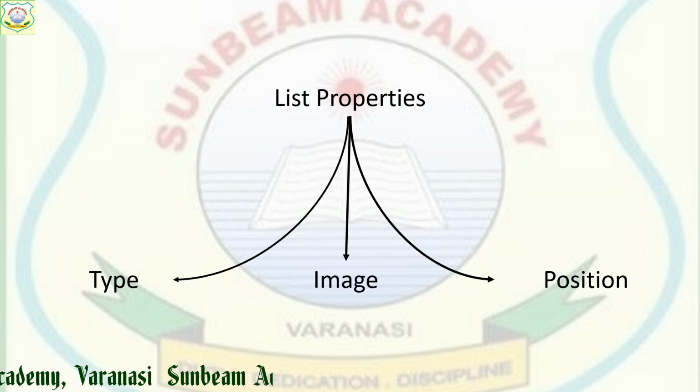Next is your image. Before any list item, if you want to put any image, then you can put it by providing the URL. URL means the location of the image. By providing the location of the image, you can give the image as the list item's type.